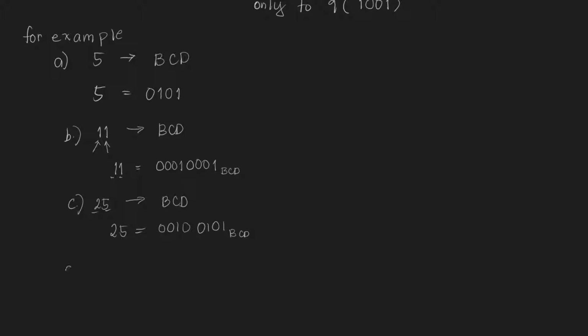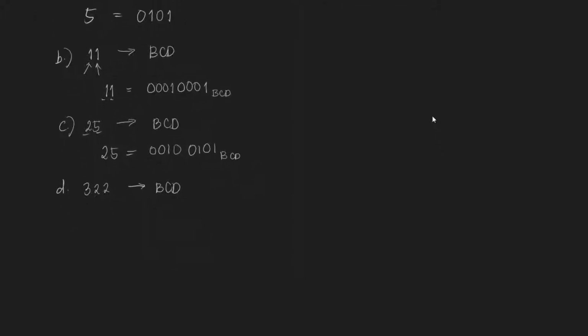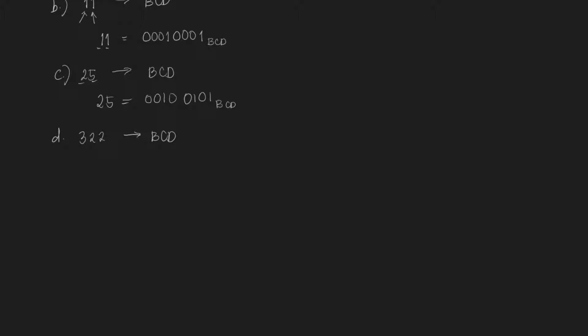Letter D, what about we have 322 to BCD. So write this per digit again. In total, you'll be arriving at 12 binary bits. So what is the equivalent of 3? That is 0, 0, 1, 1.